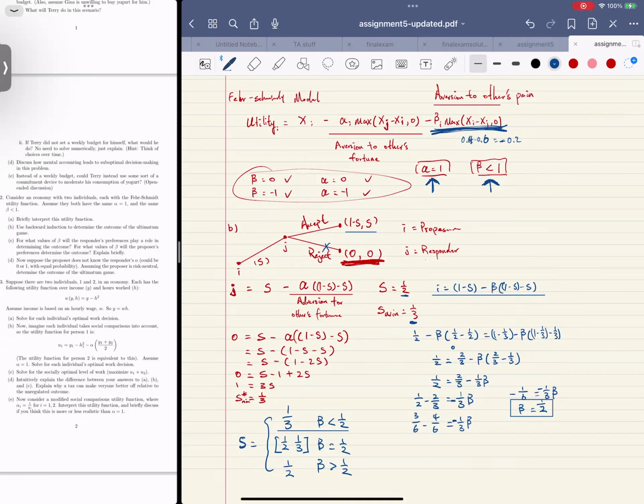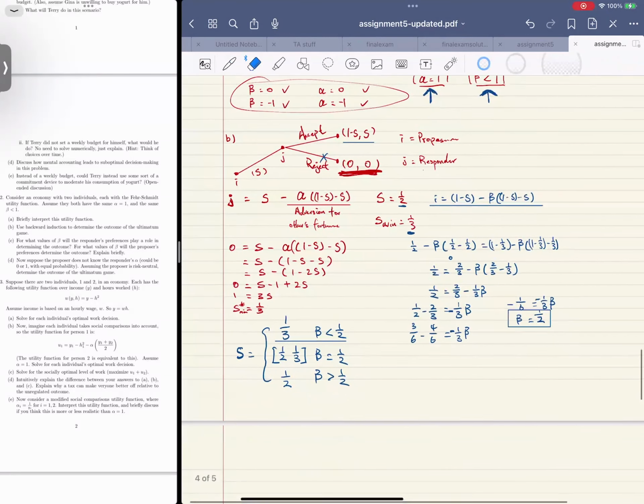But if I care about you, if my beta is greater than 1/2, then I will give you 1/2 and 1/2, because I think it's fair and I will have maximum utility. But if my beta is equal to 1/2, I'm indifferent between giving you 1/2 or 1/3. I'm most likely to give you 1/3 because I'm indifferent. That's for part B.